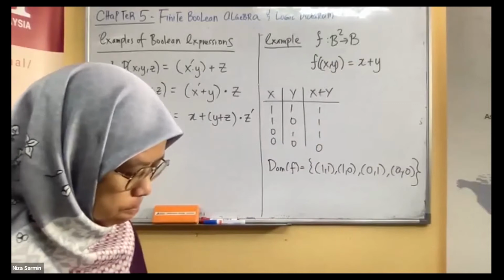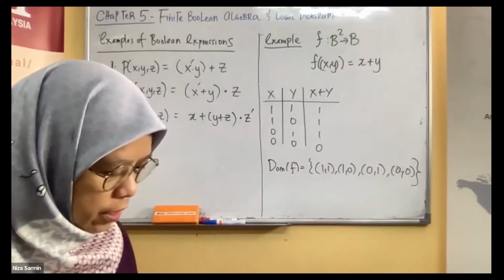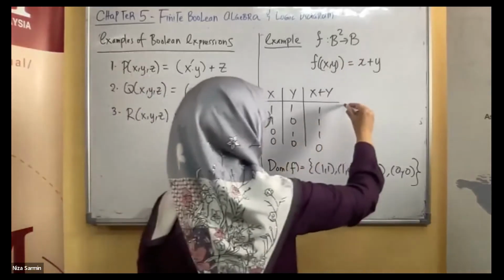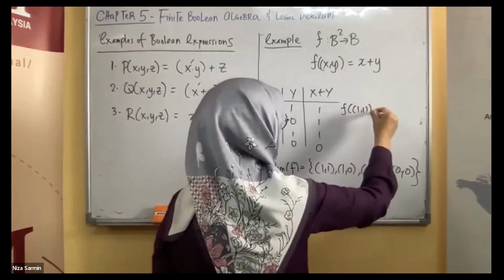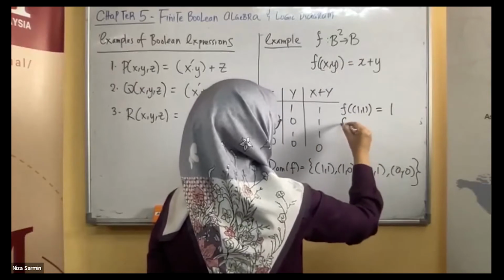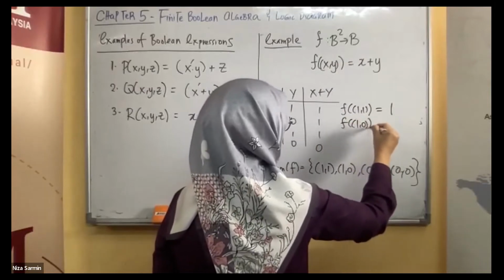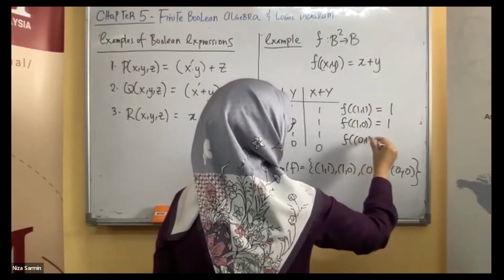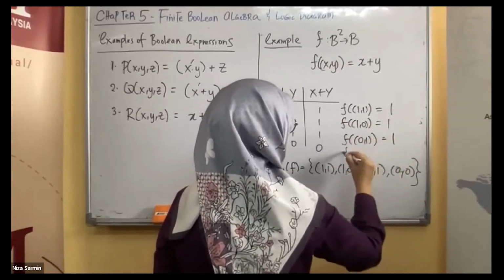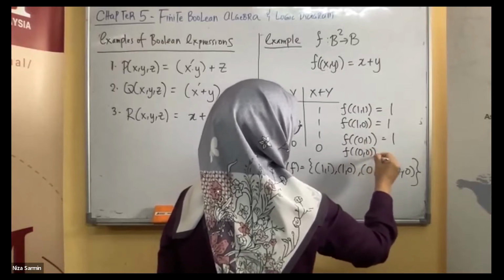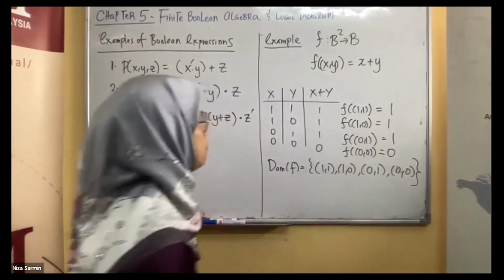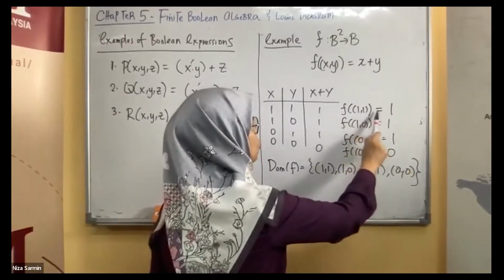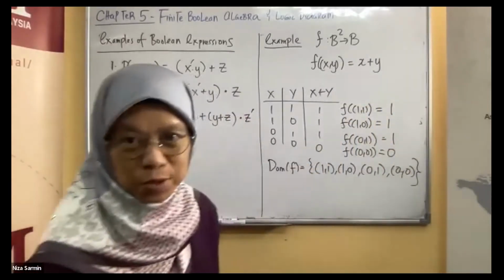And when you want to write the mapping, here we write f of 1,1 is 1, f of 1,0 is 1, f of 0,1 is 1, f of 0,0 is 0. You don't write 1 plus 1 equal 2, although it's x plus y, right?